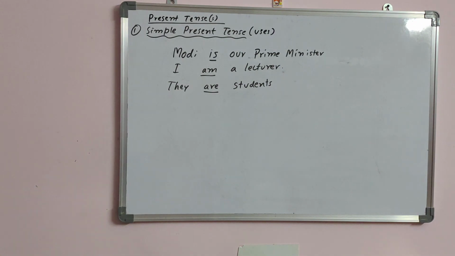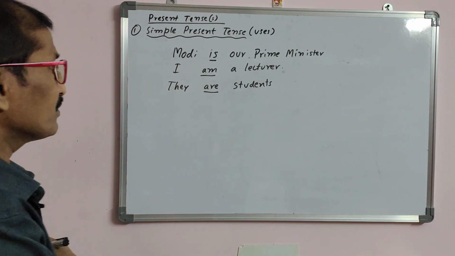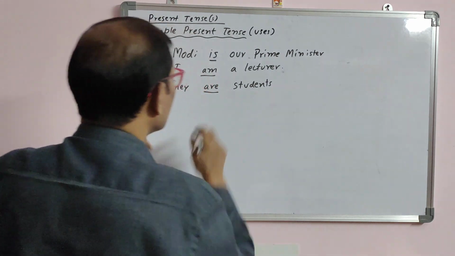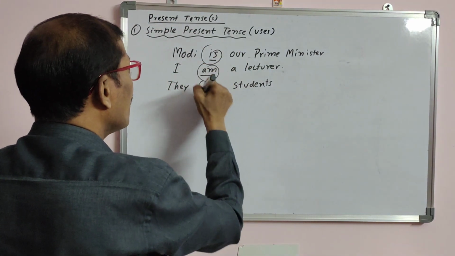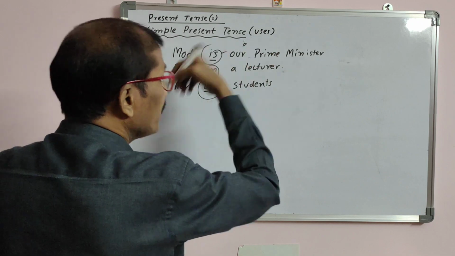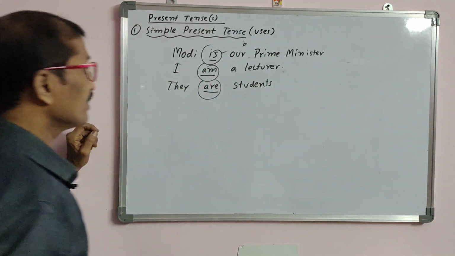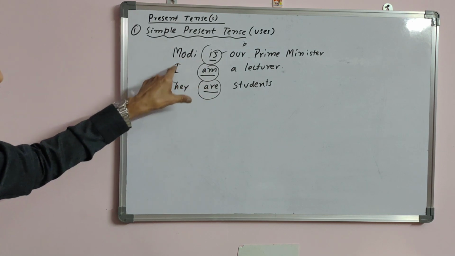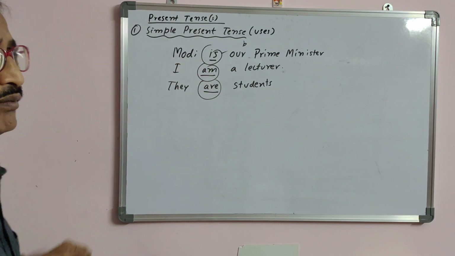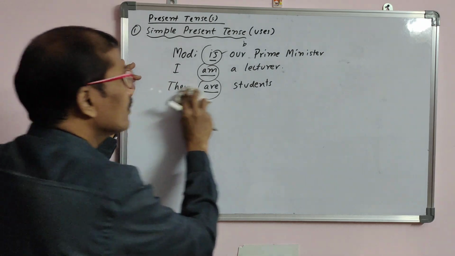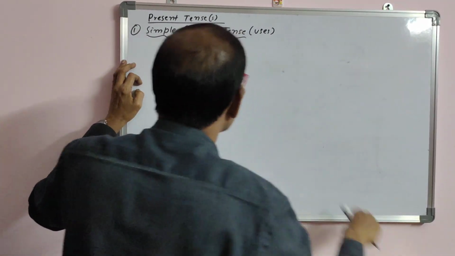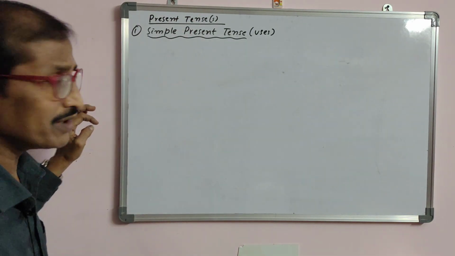Their present position is students. Likewise, we can show the present status by using is, am, are. These are the V1 forms of the be forms. According to the subject I change is, am, or are. Present status can also be shown in simple present tense.